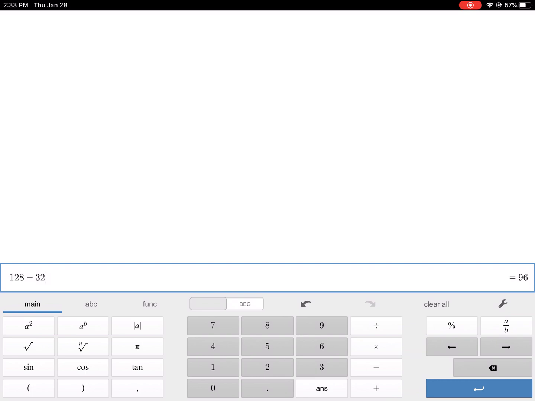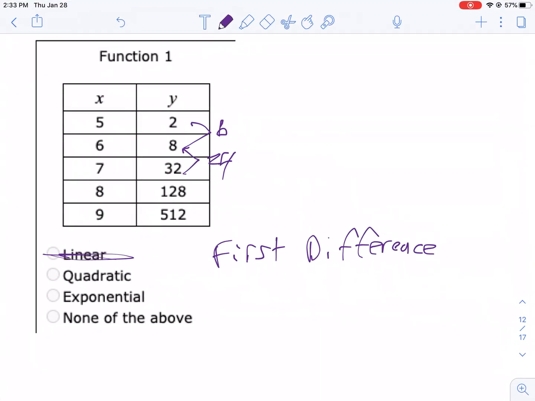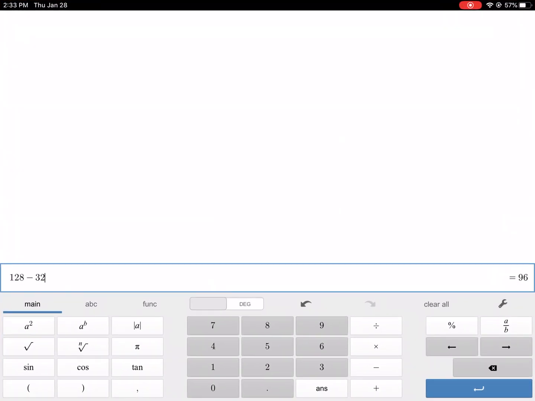That gives me 96. If I take 512 minus 128, that gives me 384.